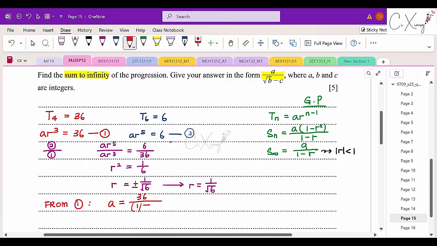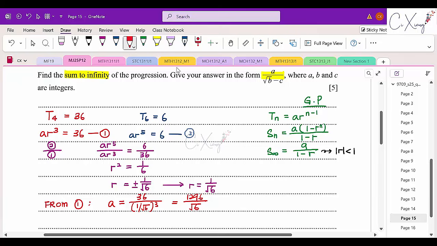So I put (1 over square root 6) power 3 here. Try to use a calculator to help us a little bit. By right, you'll be having 1296 square root 6 over 6... you can use a calculator to help you a bit. So this is my first term a, and my common ratio is 1 over square root 6.